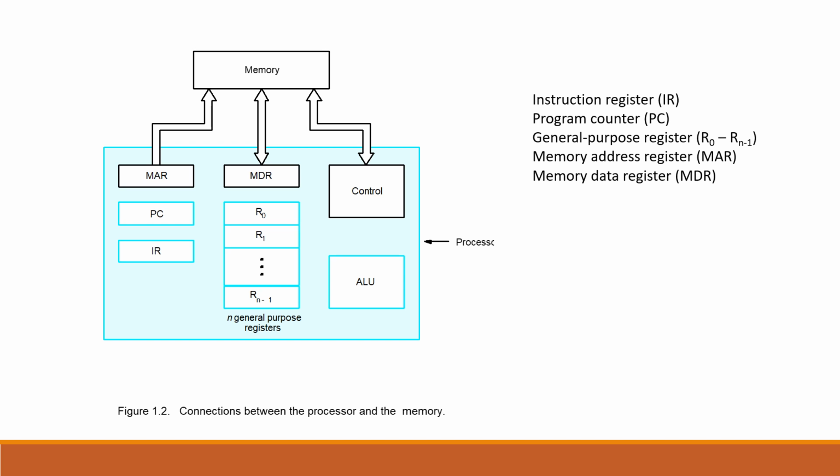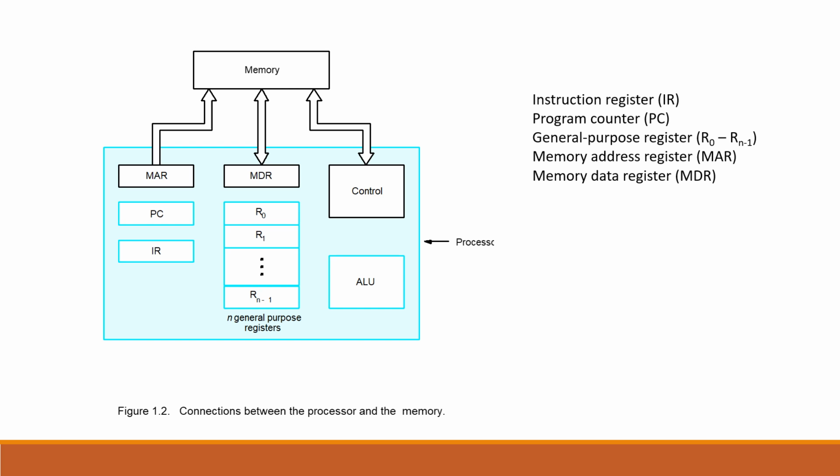As discussed in the previous video, the processor is a combination of the control unit and the arithmetic logic unit. In addition to the ALU and the control circuitry, the processor will contain different types of registers which are used for different types of operations.